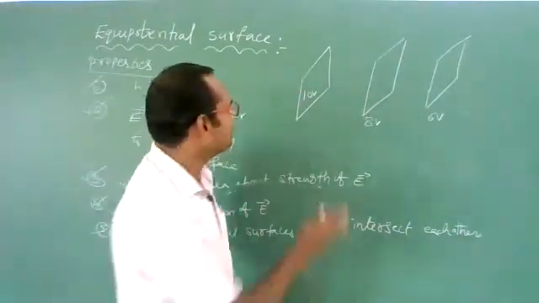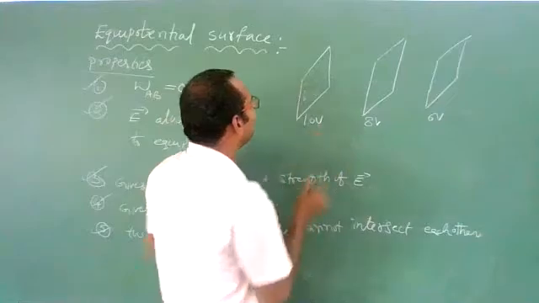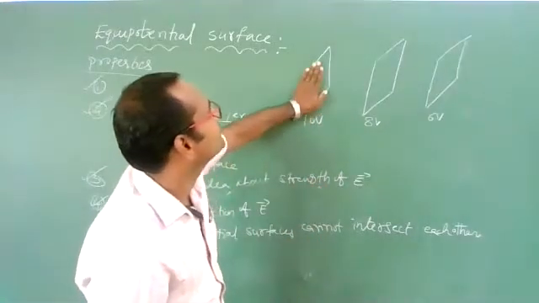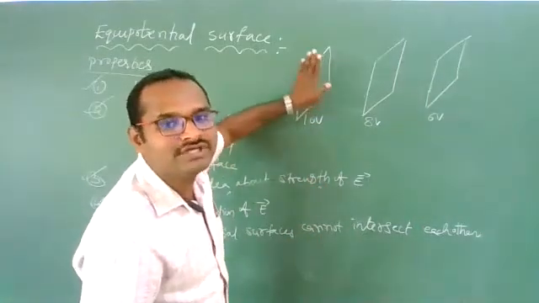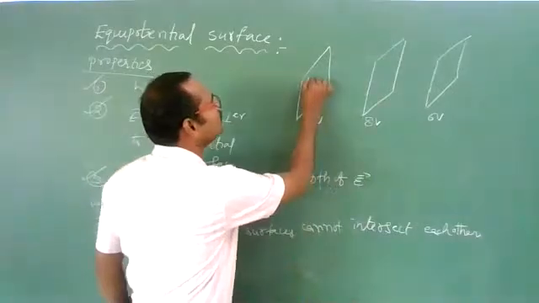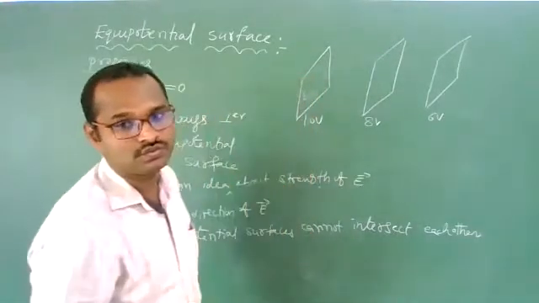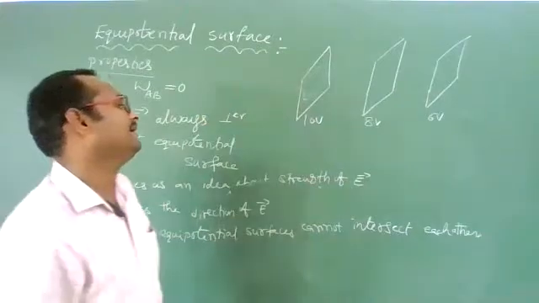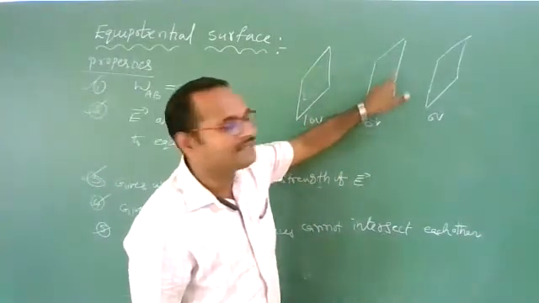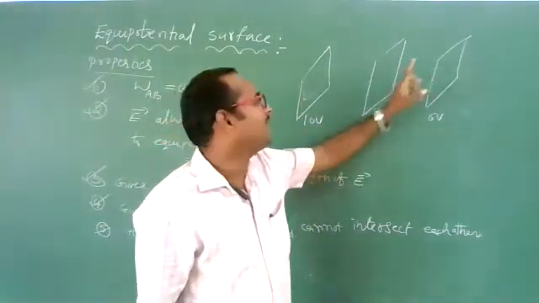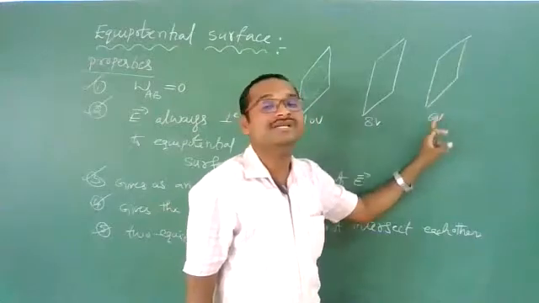What I am saying is, at each and every point on that surface the potential is the same, so it is one equipotential surface. If you want to move a charge on this surface, work done will be 0. Clear? At each and every point on that surface the potential is 8 volt. At each and every point on this surface the potential is 6 volts.